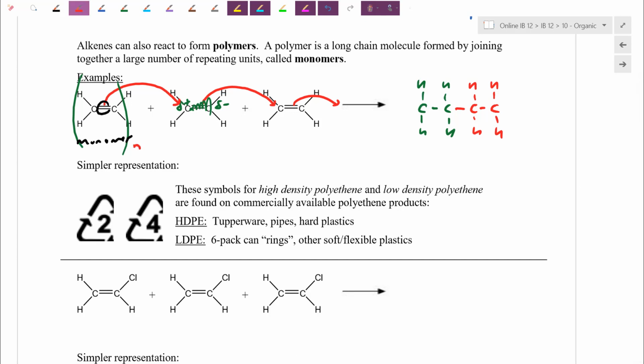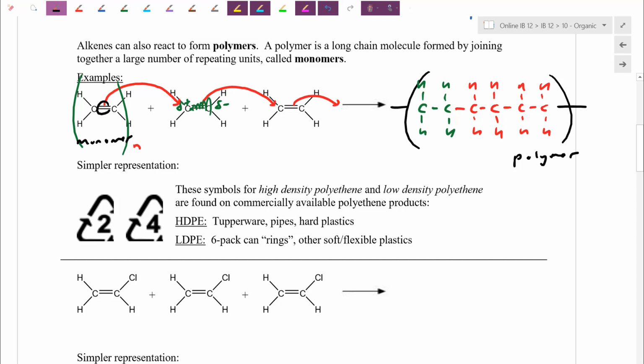This is going to attack the next carbon along. Typically, they make nylons and plastics out of this here. We're probably talking about maybe thousands of carbons long. It just keeps repeating, it keeps attacking over and over again, and this has now been referred to as a polymer. Okay, so it is an addition reaction where an alkene attacks another alkene again and again.